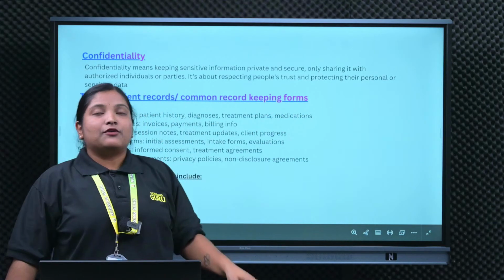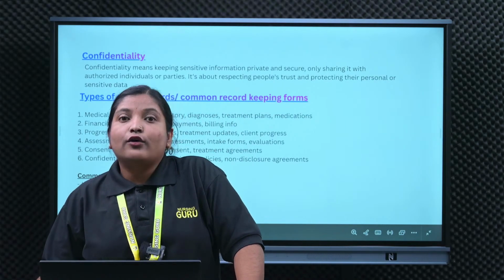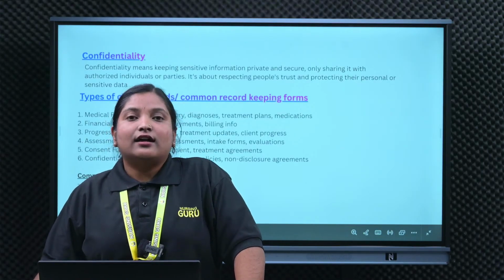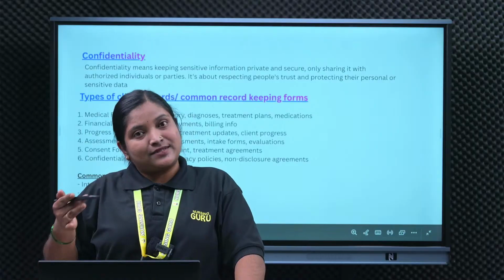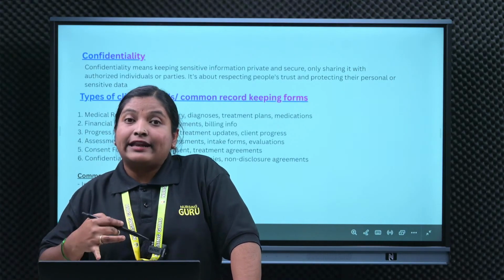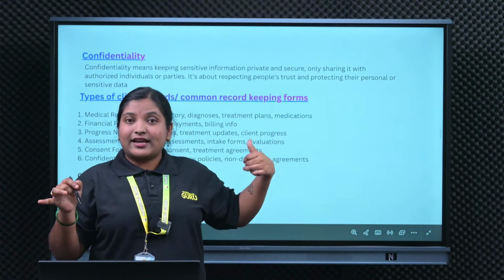See, this word is one of the sensitive words, okay. So we should not share all the things in front of everybody, okay. Certain things we have to keep secret, and we have to secure the data. We should not disclose it in front of other people, irrespective of the authorized person.